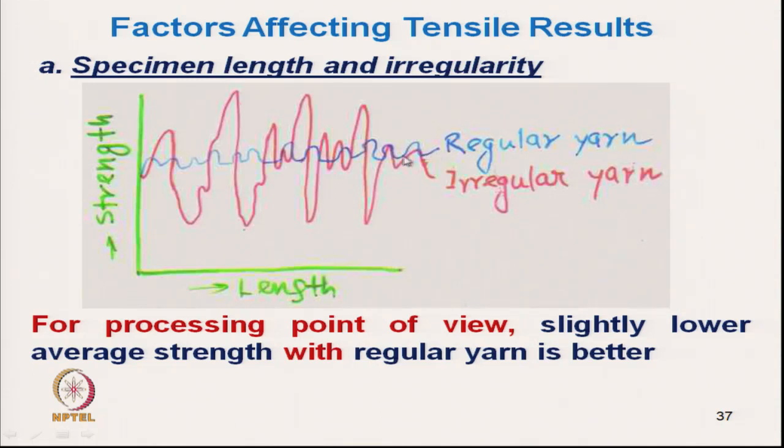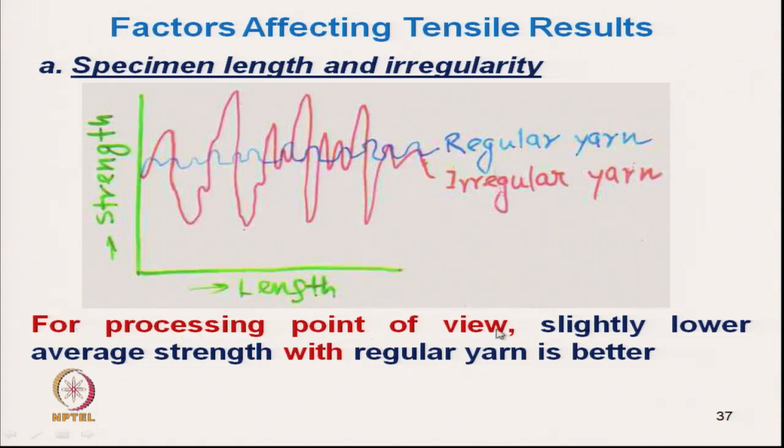So, this blue one is a regular yarn, and this red one is a yarn which is irregular. But even though this yarn has a higher mean strength, still the regular yarn with a little bit lower mean strength is better.